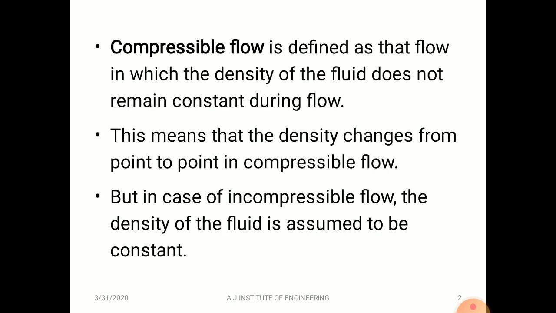But in case of incompressible flow, density of the fluid is assumed to be constant, that is rho equal to constant. For example, you can take water, which is assumed to be an incompressible fluid which has a density of 1000 kg per meter cube irrespective of the temperature.